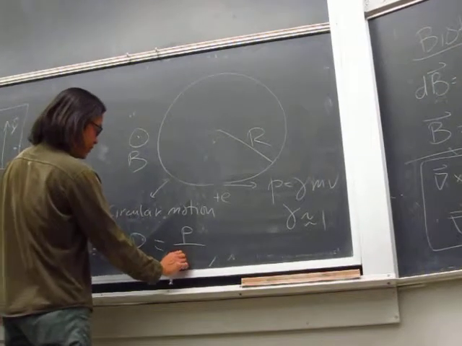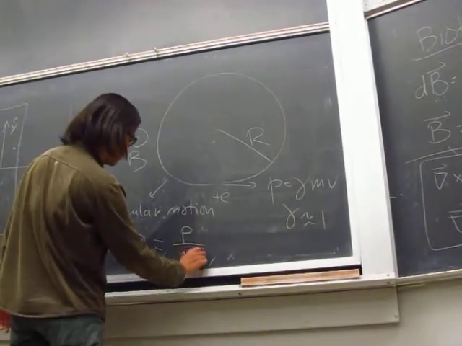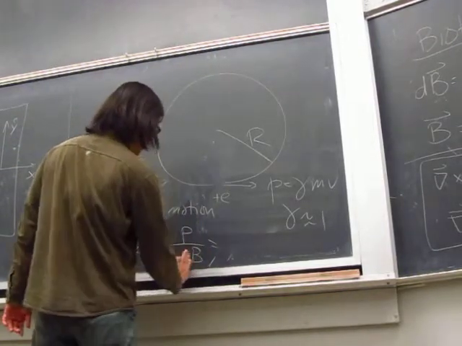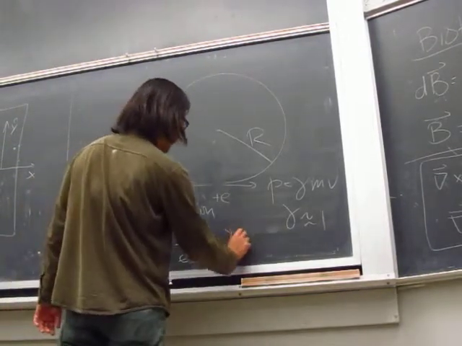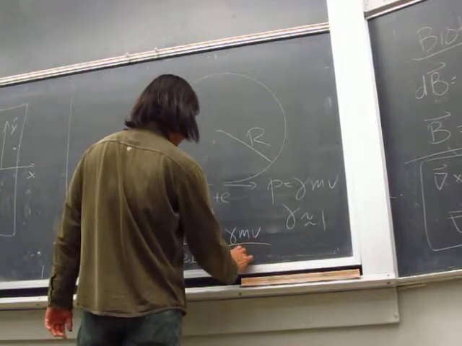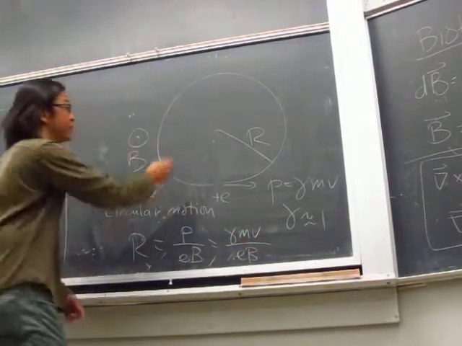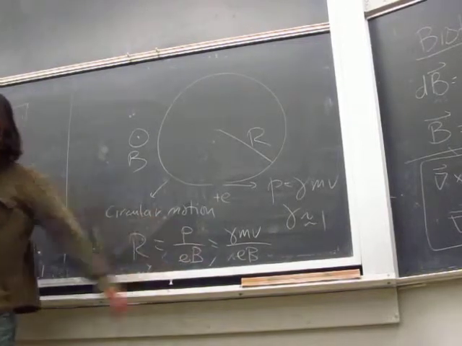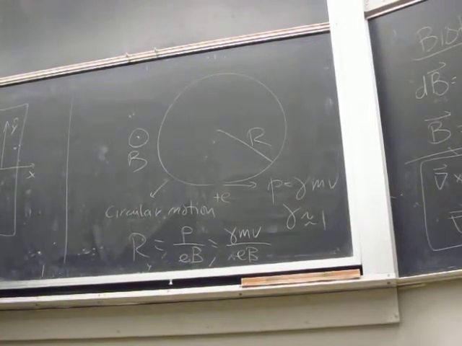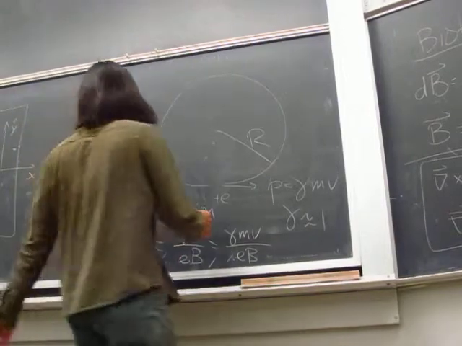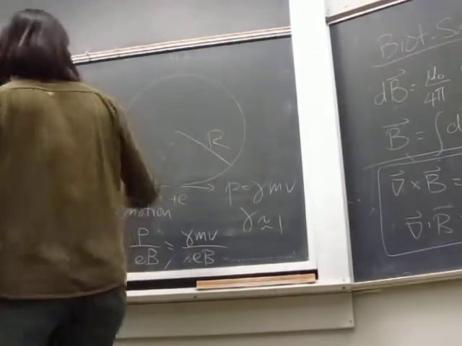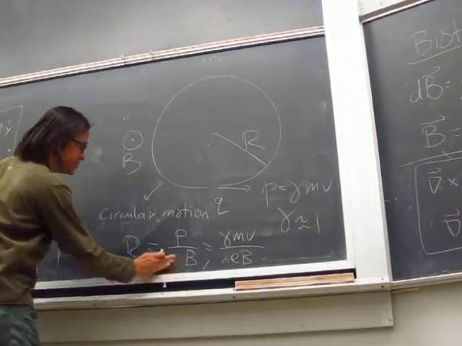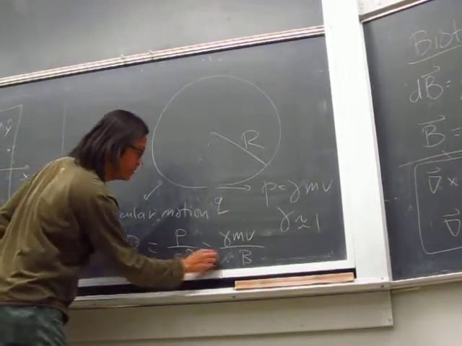So p over, is it eB, something like that? So it's, no, it's not m, it's e. Gamma m v over eB. Something like that, but it's a circular motion. Maybe I'm wrong. Am I missing something? It was qB. Oh, yeah, q and e are the same thing. I guess I should use q in this case because I don't specify whether it's a proton or whatever.